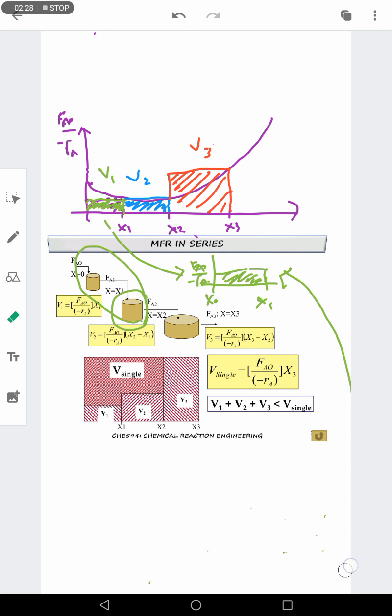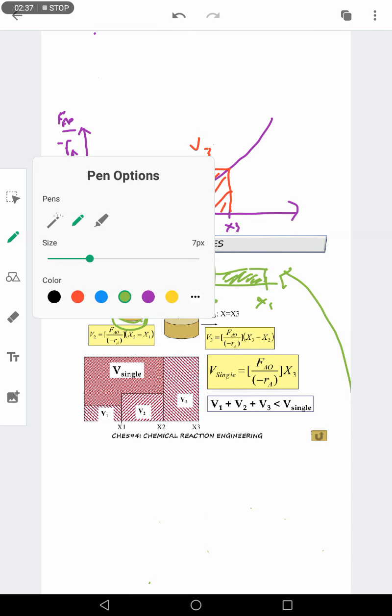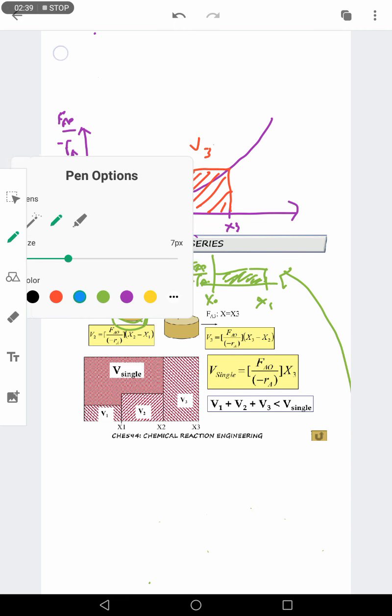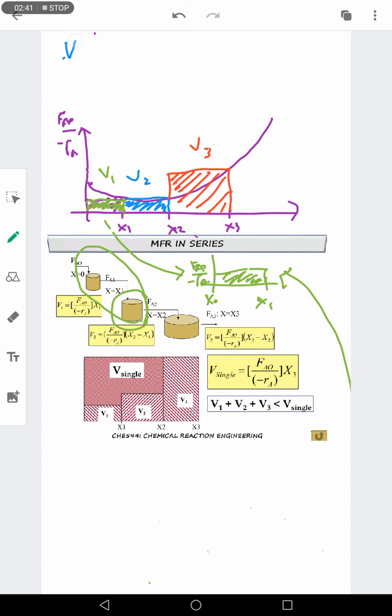Okay, so V2 just now you dapat V2 adalah FA naught. After simplification you akan dapat FA naught over negative RA times X2 minus X1.